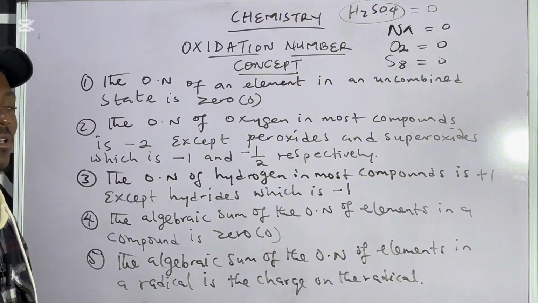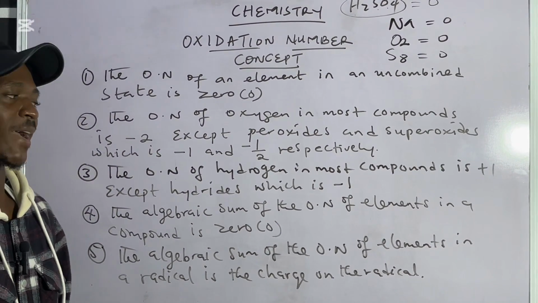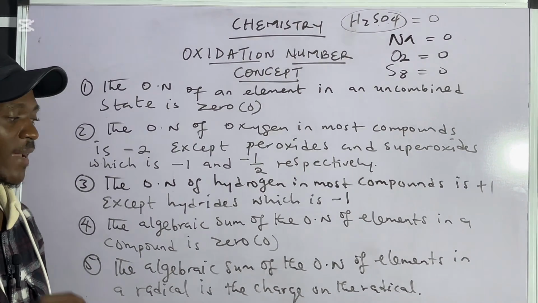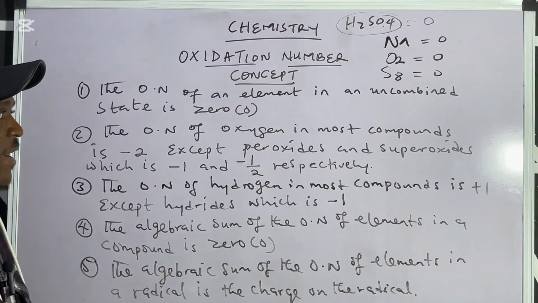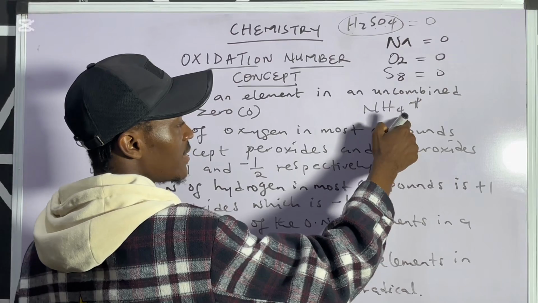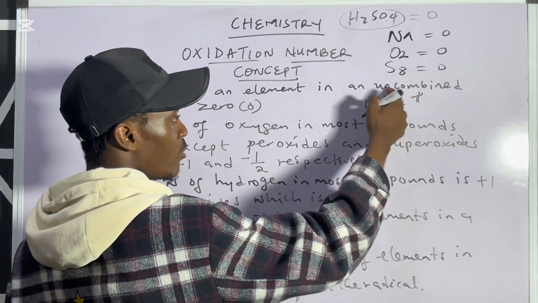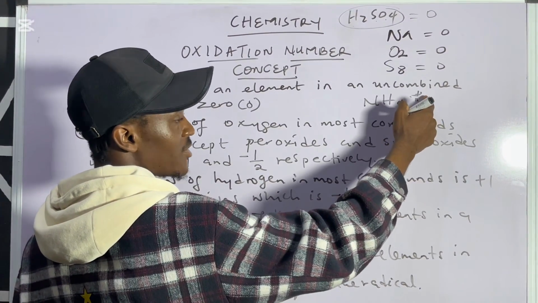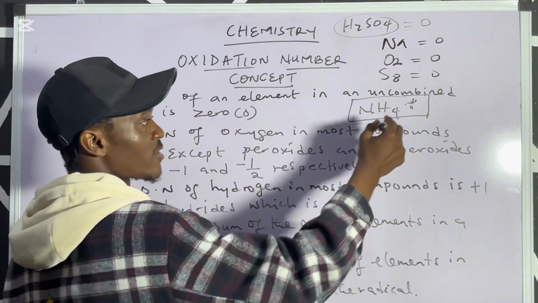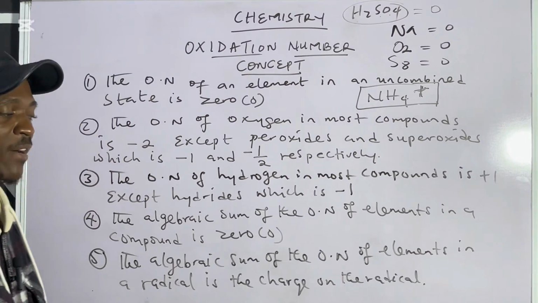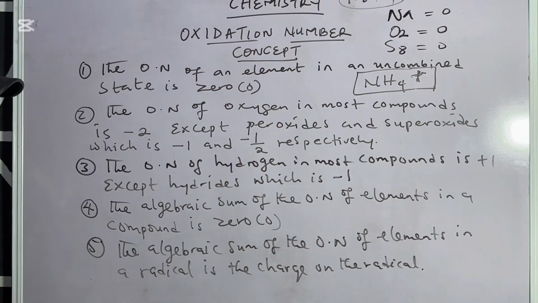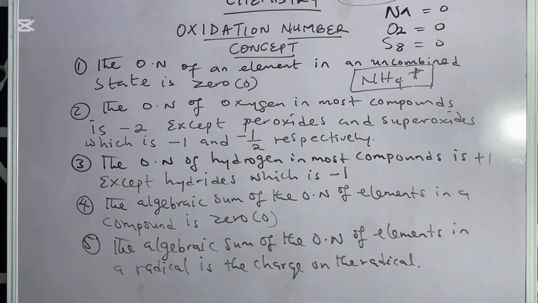Now radicals are simply compounds with charge, or I can say that radicals are a group of atoms that are controlled by a charge. So if I have something like NH4+, this is ammonium ion. This is a radical. Because this whole stuff is controlled by this charge, this sum must equate to the charge on the radical whenever I am summing up the oxidation number of the elements that make up a radical. Alright, that's rule 5.